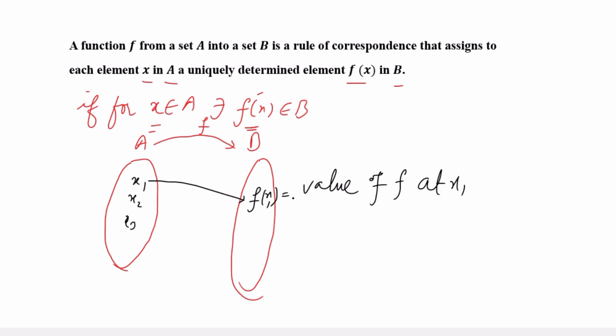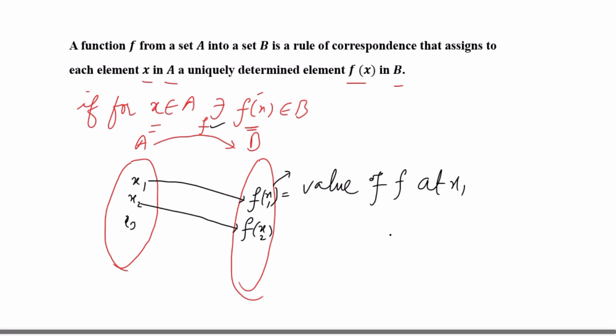It does not represent the function, it just represents the value of the function f at x equal to 1. Similarly, when you apply f on x2, the corresponding value is f of x2. If such a correspondence exists, then we say this f is a function.